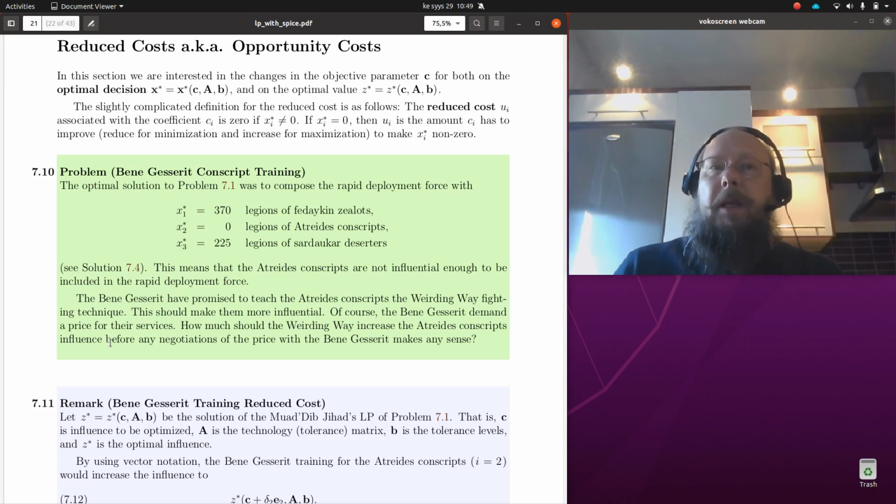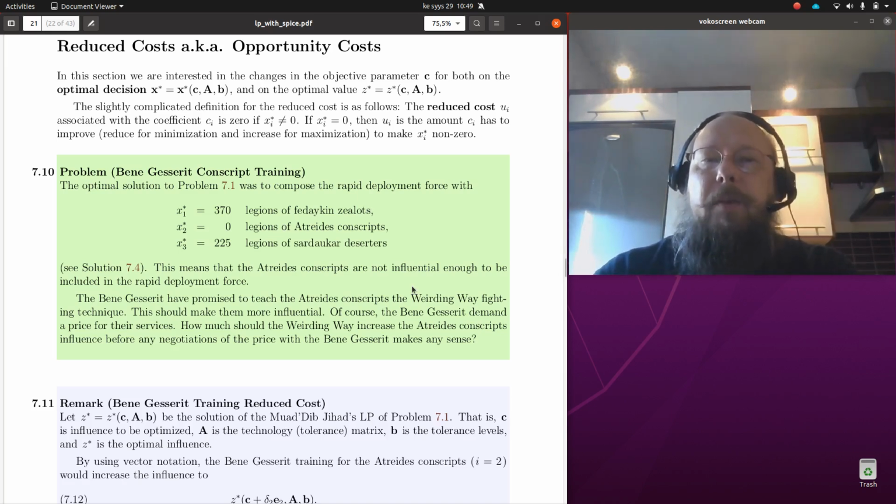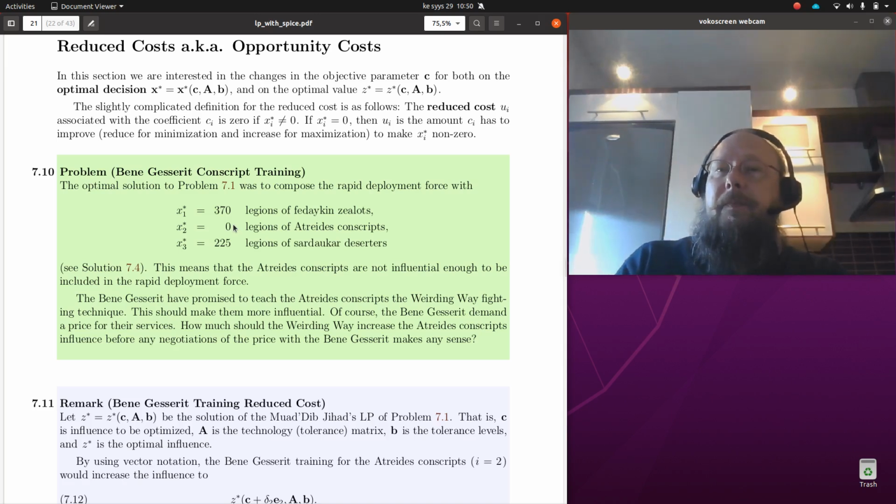I mean, if it will increase the influence a little bit, but not enough so that it would still make no sense to have these Atreides conscripts in the rapid deployment force, we wouldn't even start to negotiate. So the question is, how good should this Weirding Way fighting technique be in order for us to make this x star 2 non-zero, so that now the Atreides conscripts are influential enough that we will have them in the rapid deployment force.